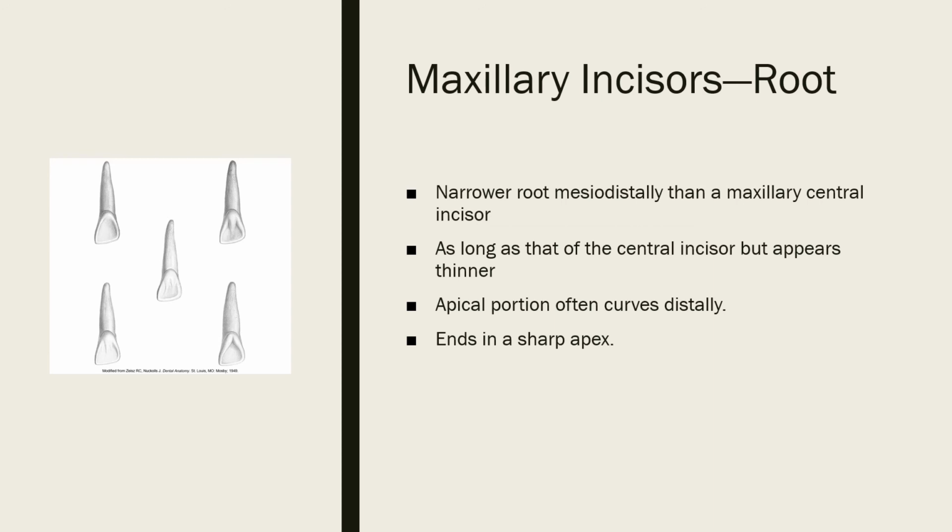So the root is as long as that of the central incisor, but it is much thinner on the lateral. The apical part of the lateral incisor's root often curves distally. I showed you guys that on a previous slide, and then it ends in a sharp apex rather than that blunted central incisor.